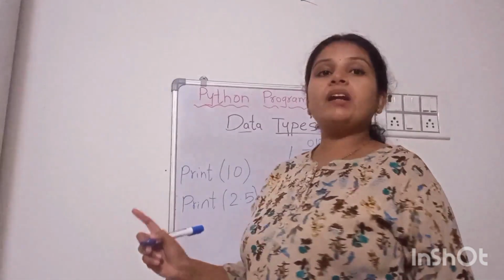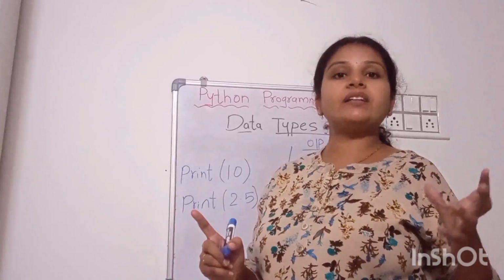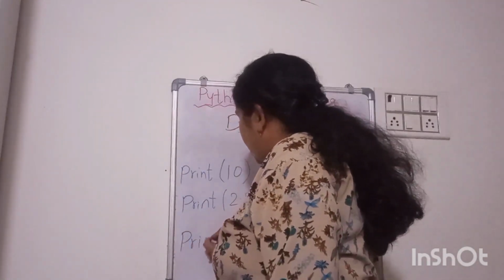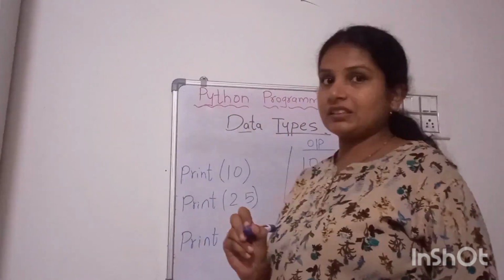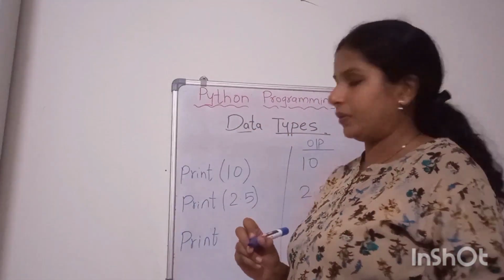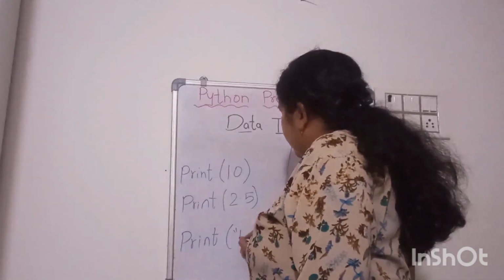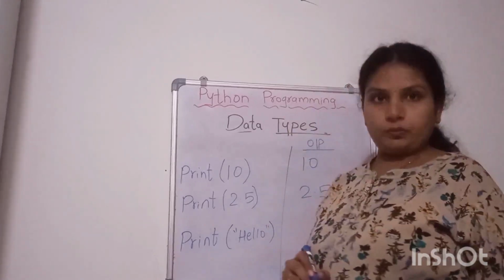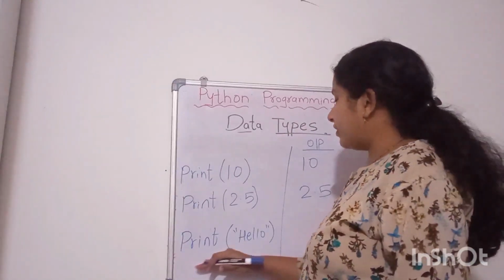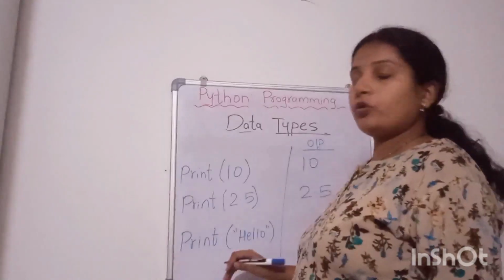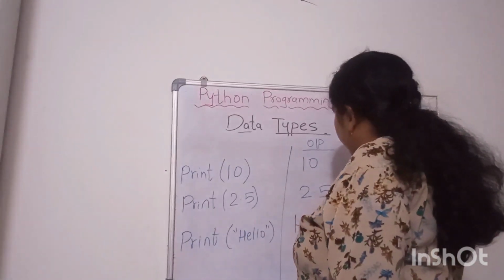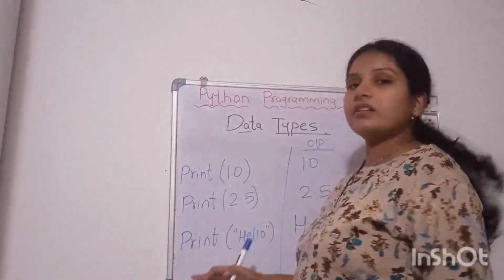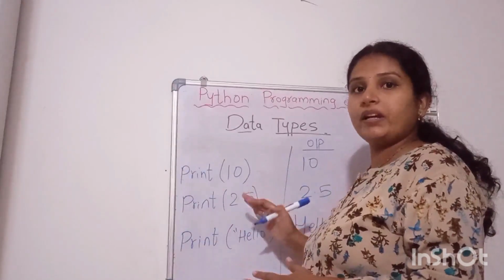After that, I want to print a string, the message hello. Just like we declared a string for a variable previously, I write print in brackets, in double or single quotes, hello. After executing this instruction, my output will be hello. So this is the difference, and this is how you are going to print the result.